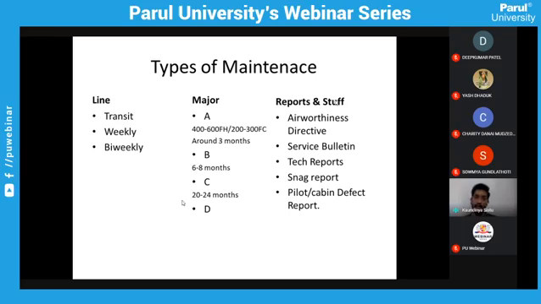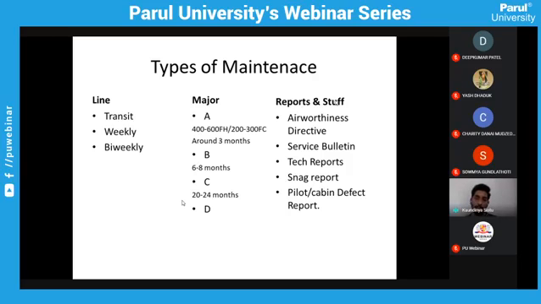Just check while you are climbing. There will be a left side monitor to check everything the aircraft has. Or the seat is not reclining back. All those minute issues. Sometimes a pilot can't check the smoke coming out of the engine, but cabin crew, while they move back and forth in the aircraft, can see from the window if there is any smoke. Those kinds of things they report in the book called the cabin defect report.